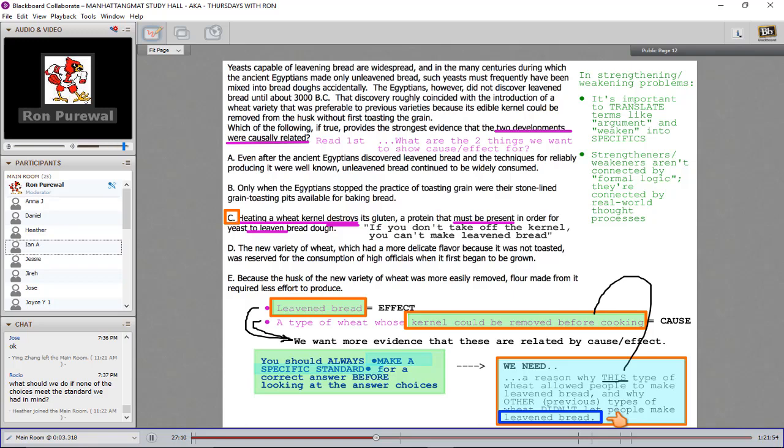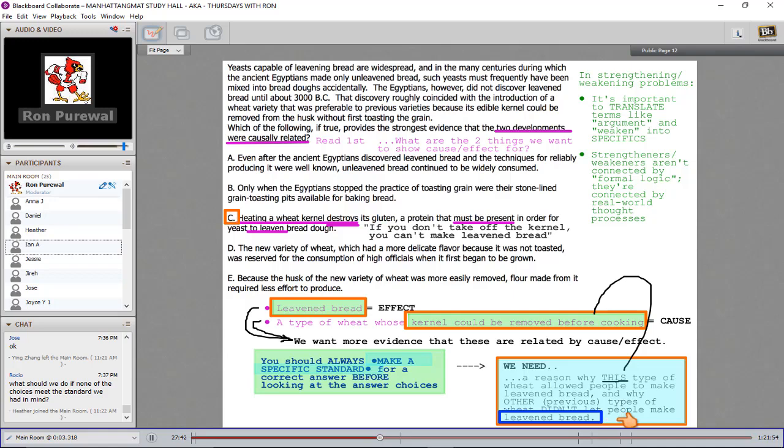If not, then that's just going to have to be a problem where you guess. But the bigger problem that people have is that they don't make a standard, and then they just read the choices and let the choices take them for a ride. That's the real problem. Because B is immediately irrelevant. When you see choice B, you should think, okay, this has nothing to do with leavened bread. So it's gone.